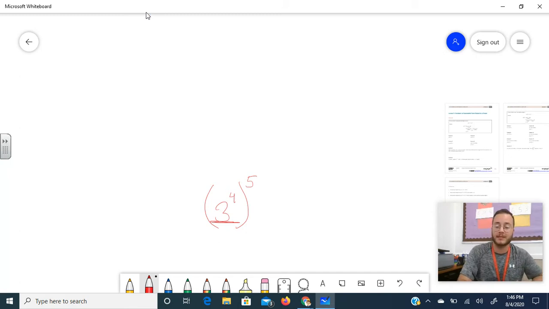Remember what we said about exponential notation. It's just repeated what? It's repeated multiplication. So let's look at 3 to the 4th power first. 3 to the 4th power is just 3 times 3, a total of how many times? A total of 4 times, right?